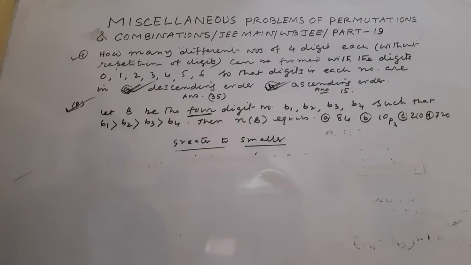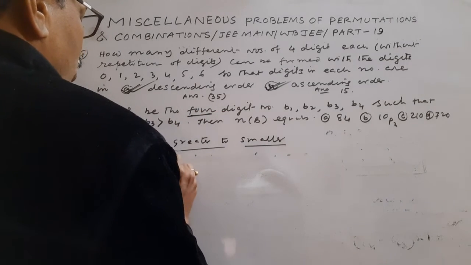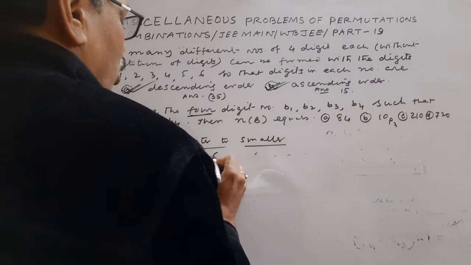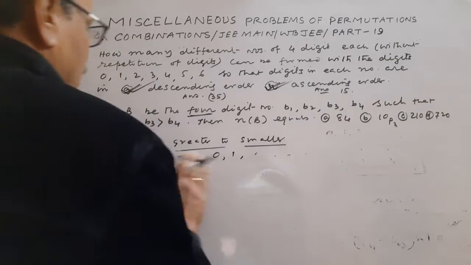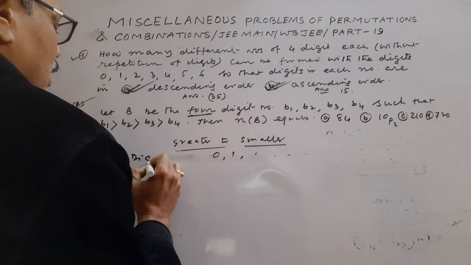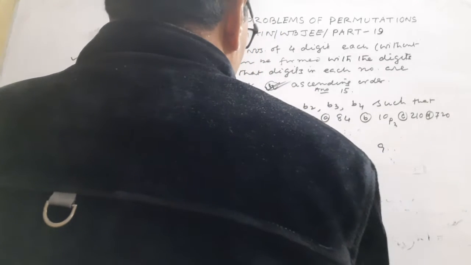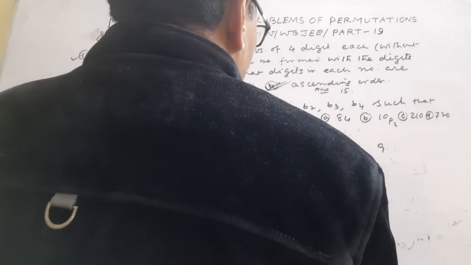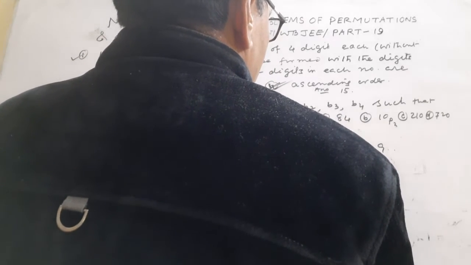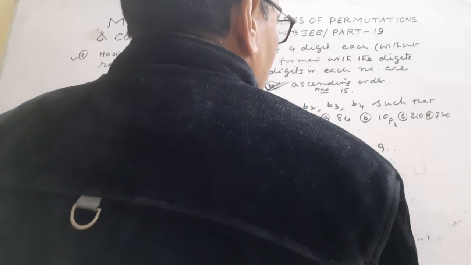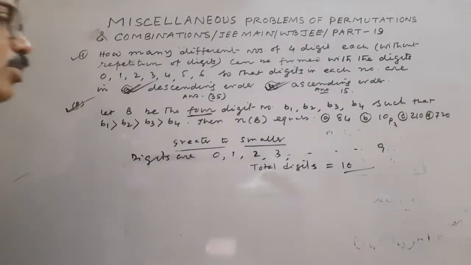So here the digits are not given. So if it is not given, digits are 0, 1, 2, 3, up to 9. So total digits 10. So it is not mentioned.